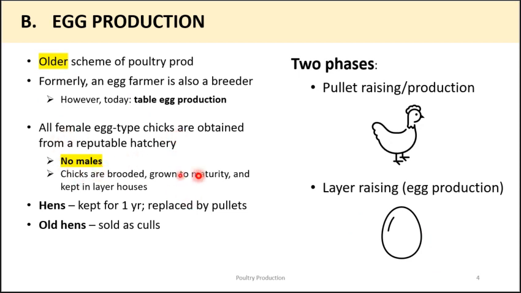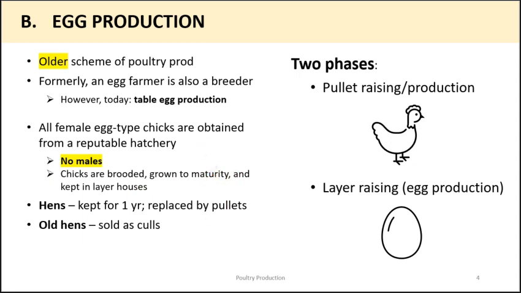So chicks are brooded, grown to maturity, and kept in layer houses. But there are other farms that buy pullets right away. Okay? Because pullets are ready to lay. Okay? Because if you buy chicks, you will wait a long time for them to mature or reach their sexual maturity.